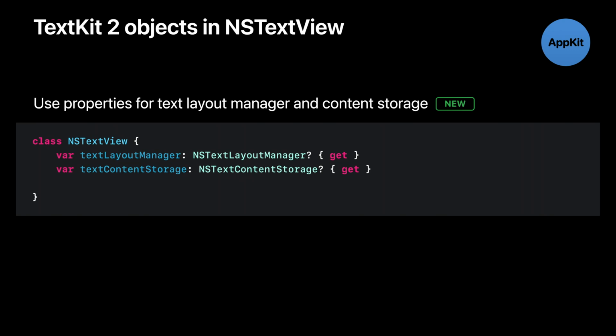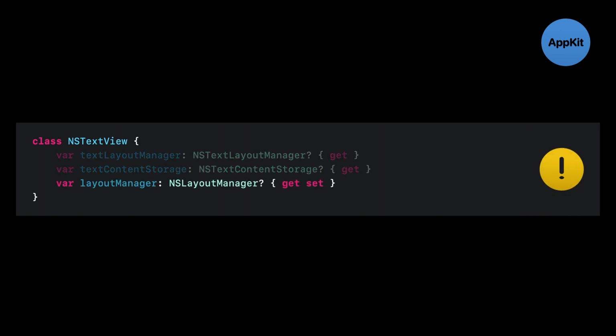There's just one thing to be careful of. Recall that NSTextView has a layout manager property that allows getting and setting its NSLayoutManager. NSLayoutManager is a TextKit 1 object, and it's not compatible with the TextKit 2 stack. A text view can't have both a layout manager and a text layout manager at the same time.